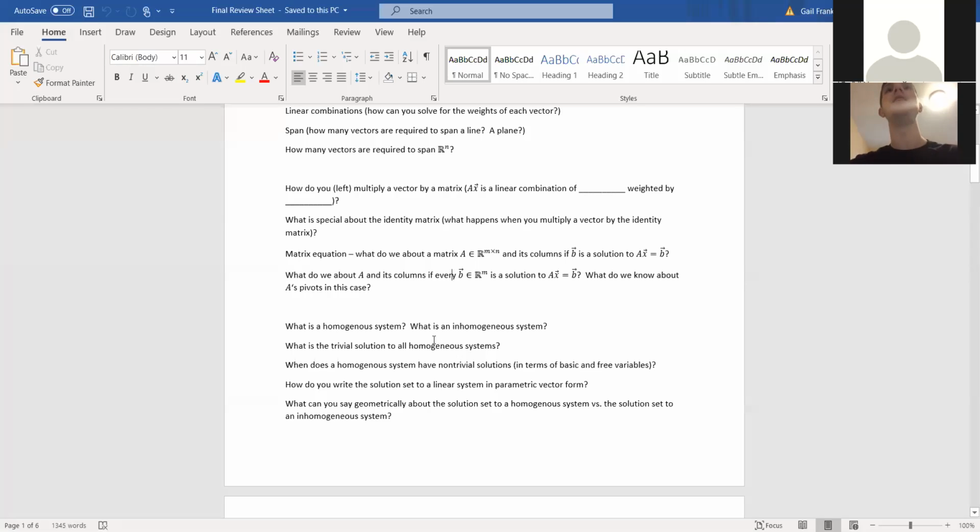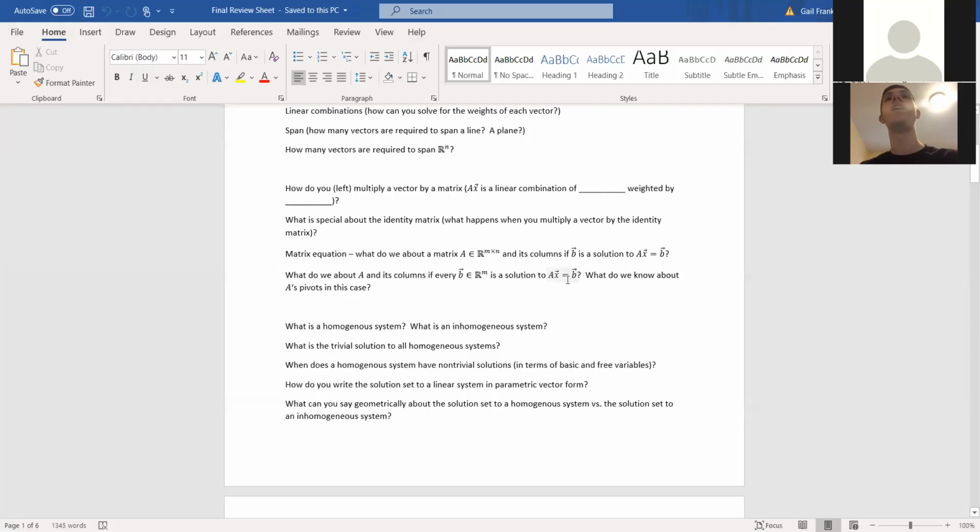Let's see, if you can find an x for every b, then you have a pivot in every row.